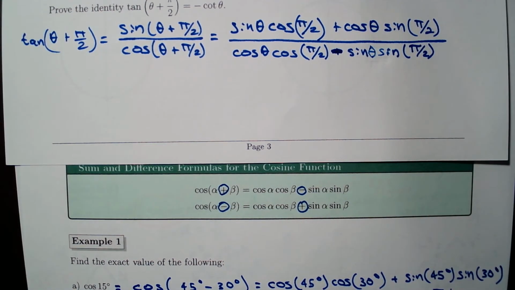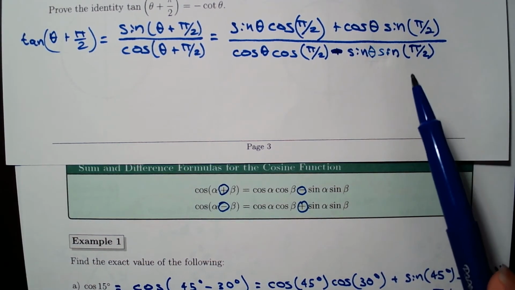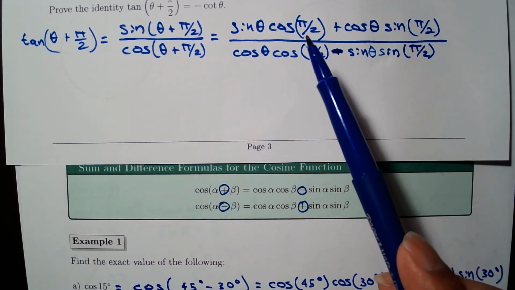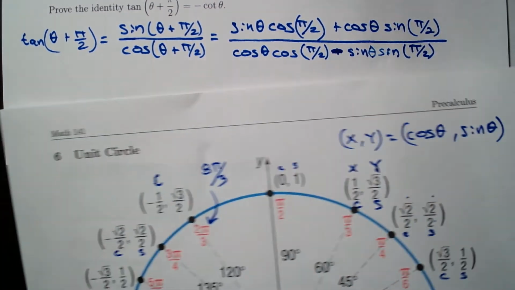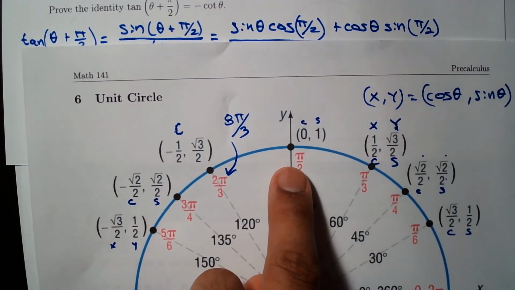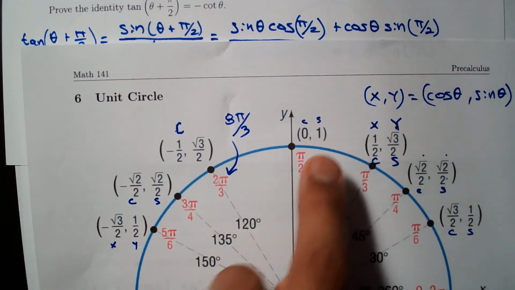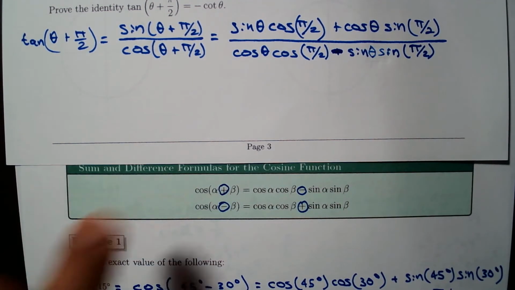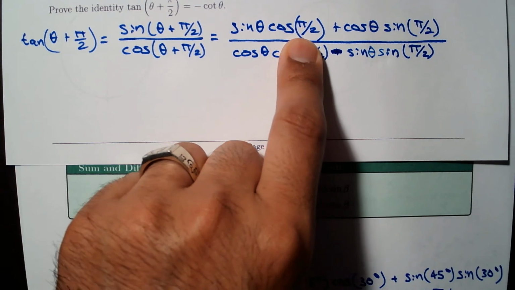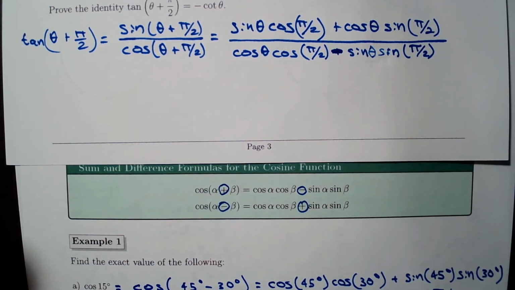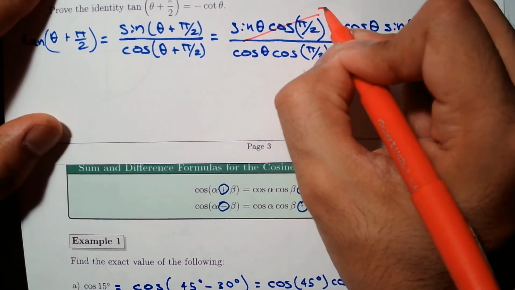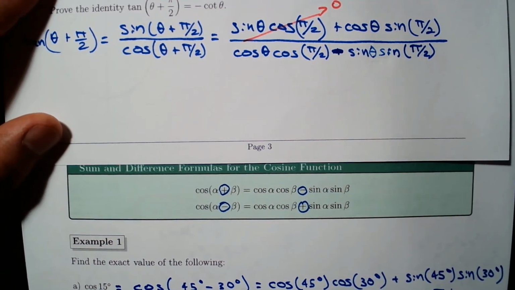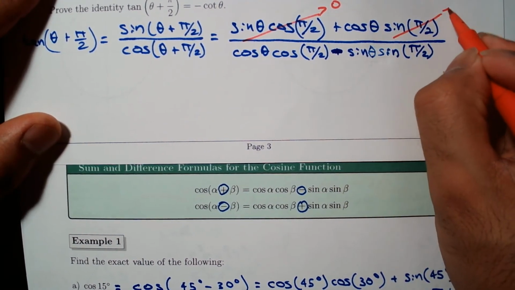And let's evaluate this. The only ones we really need to worry about are cosine of pi over 2 and sine of pi over 2, and then take it from there. At pi over 2, cosine is 0 and sine is 1. So this one is going to go to 0, and this one is going to go to 1.